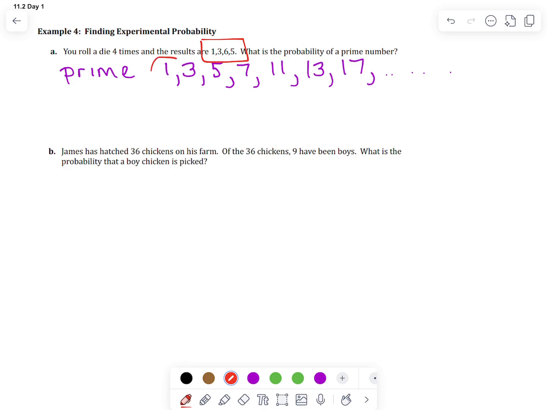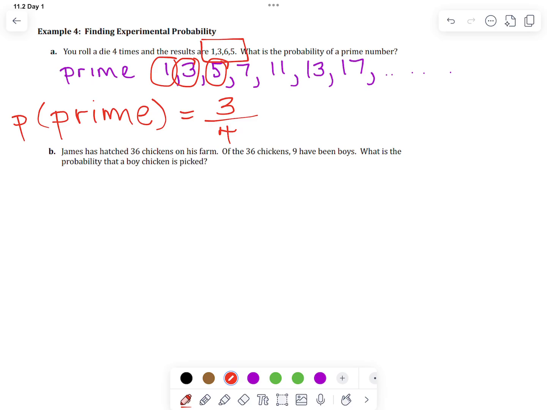So 1, 3, and 5 are favorable, and the one that's not favorable is 6. So the probability of a prime number is 3 out of 4.